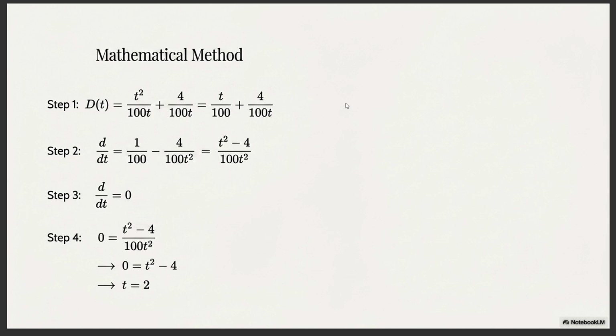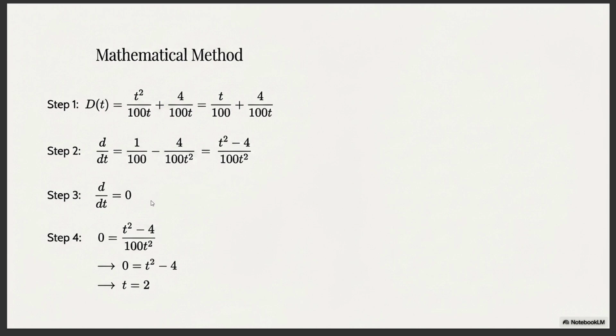For the second step, we differentiate the equation into (t² − 4) over 100t².